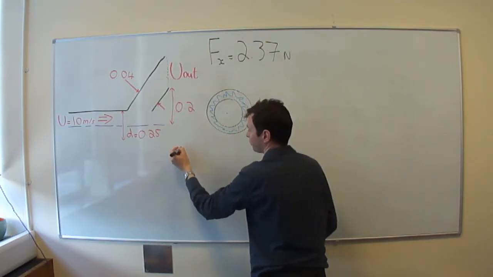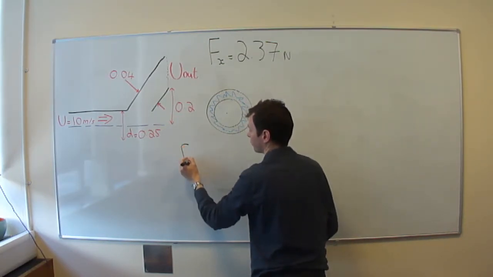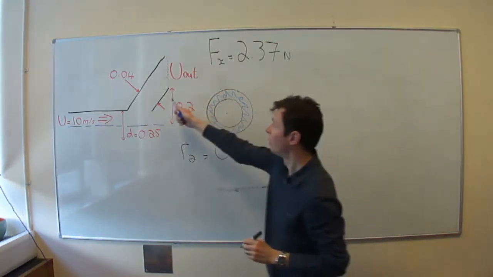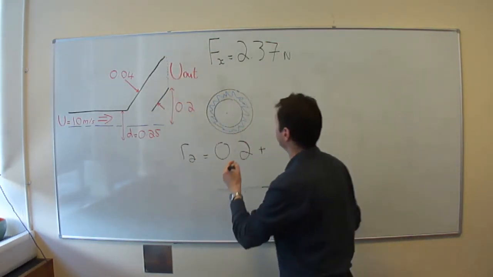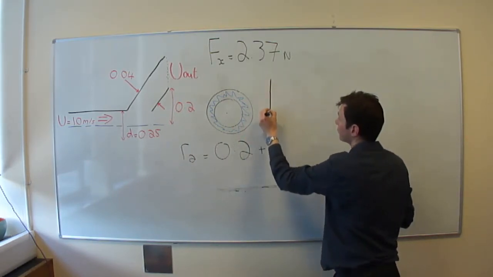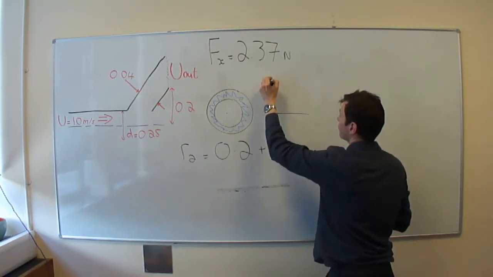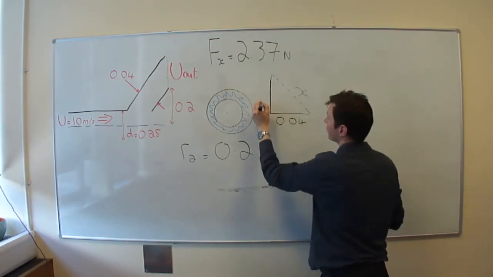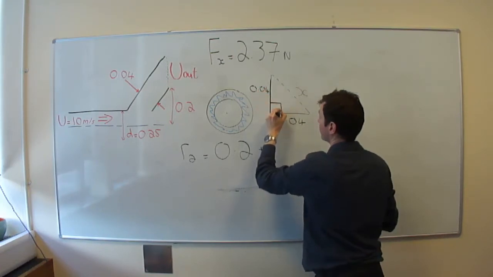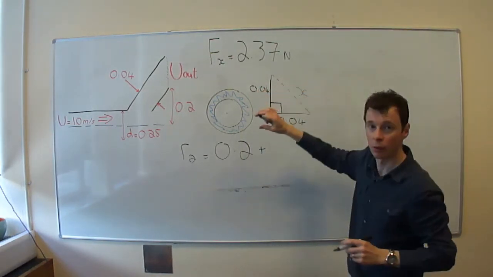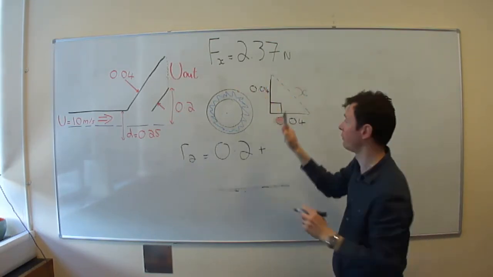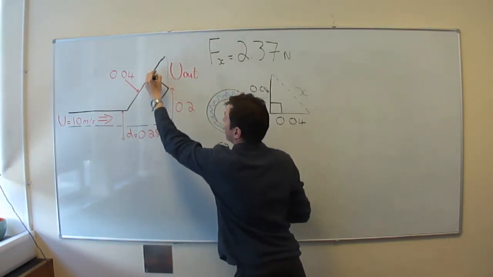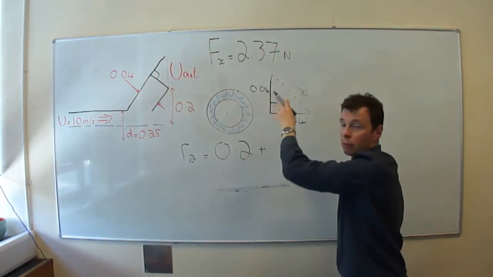So obviously R2 equals 0.2 plus this distance. Now what we can do, there's our small geometric control volume just for the outlet. All I've done is just rotated that round 45 degrees.